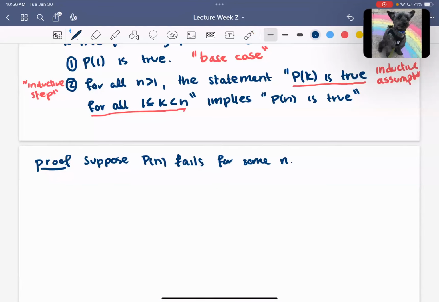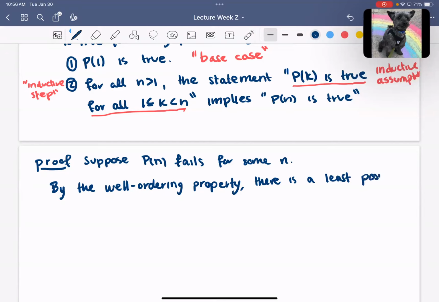Okay, so by the well-ordering property, there is a least positive integer n such that P of n fails.